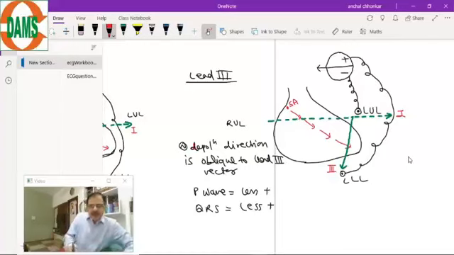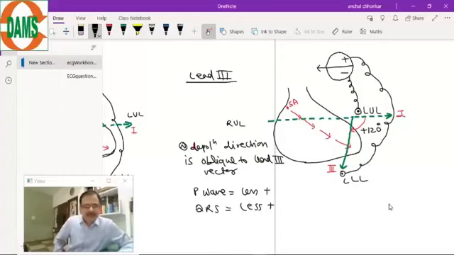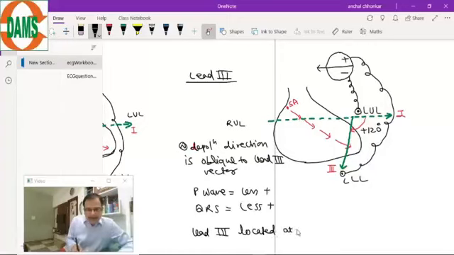In relation to that 0 degree, lead 3 is at plus 120 degree. So lead 3 is located at the plus 120 degree axis.